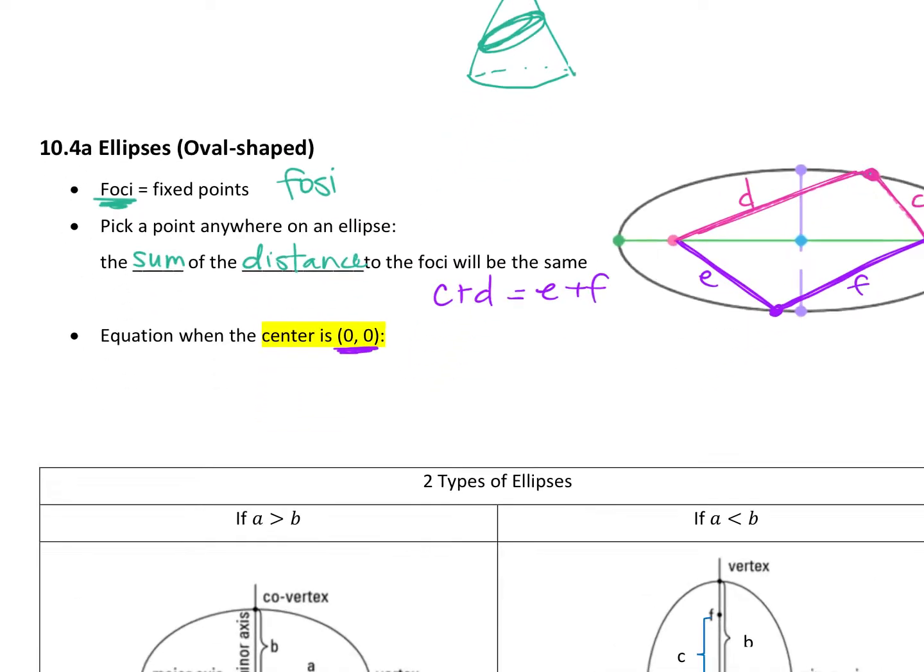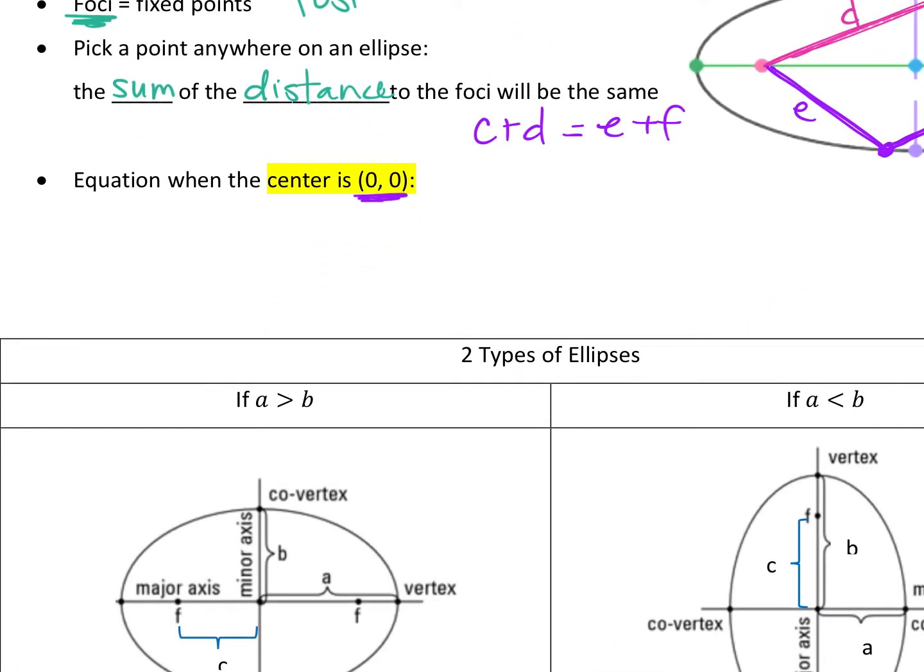Here's the equation, okay? Write this down. It is gonna be x squared over a squared plus y squared over b squared equals 1. Okay, that's going to be the equation that we're working with.